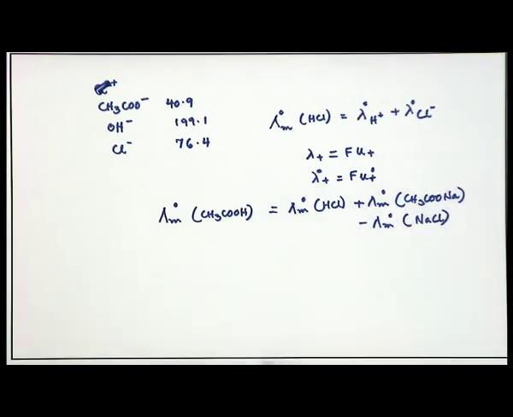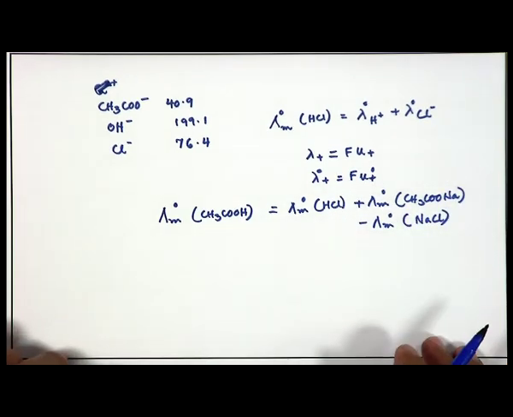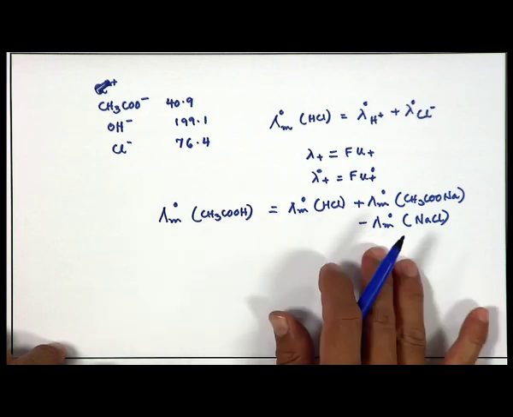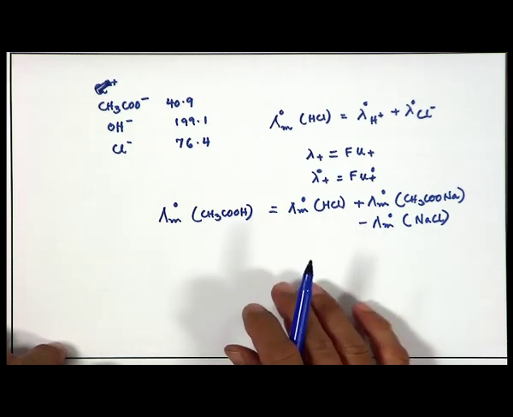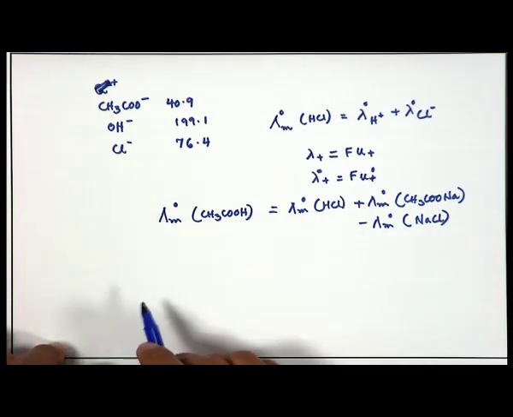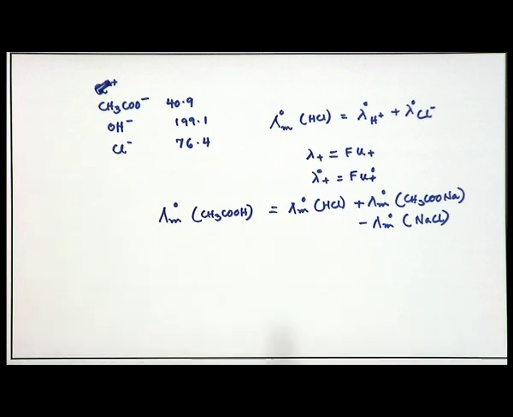So, plug in respective numbers and you should be able to find out this lambda 0 for the weak electrolyte. Direct determination of lambda 0 for a weak electrolyte is not possible, because the lambda m versus square root of c plot is not a linear trend. That is why you have to make use of this indirect method of finding lambda m 0 for a weak acid or weak electrolyte.